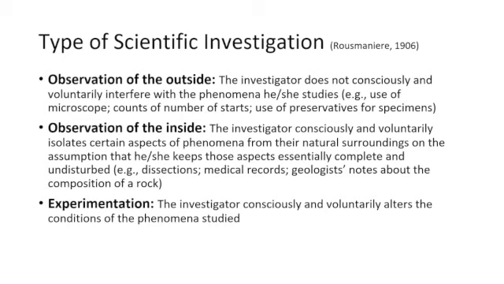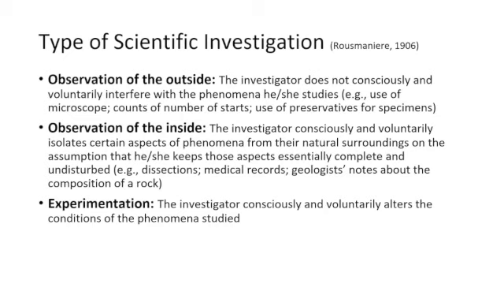For example, investigators use their senses, like touch, to conduct observation. In this type of observation, investigators document what they see, hear, or even taste. Sometimes, investigators can also use tools or instruments such as a microscope to help them observe things that might not be able to be seen with our eyes.